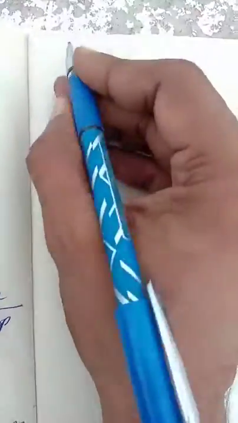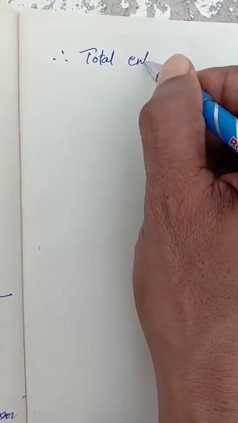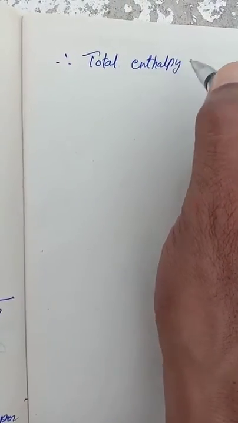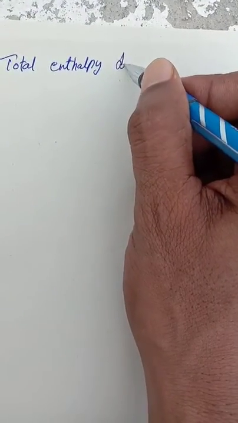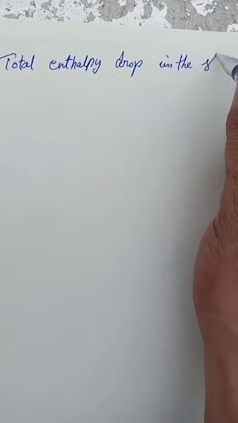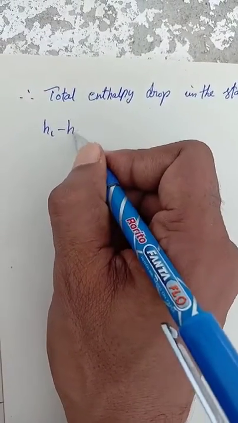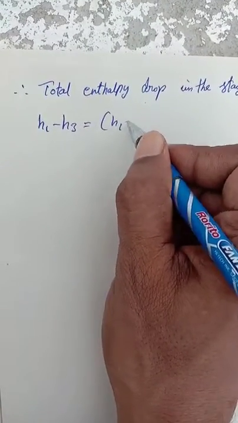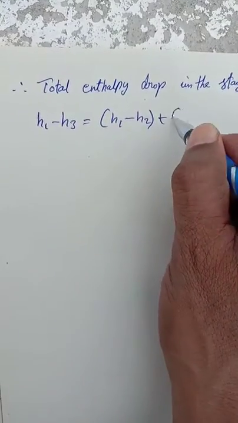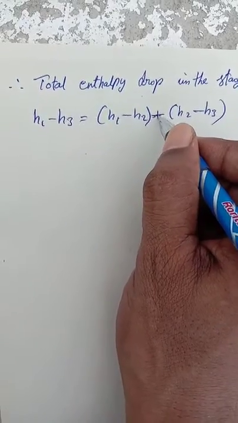Okay, and now therefore the total enthalpy drop in the stage, H1 − H3 = (H1 − H2) + (H2 − H3).